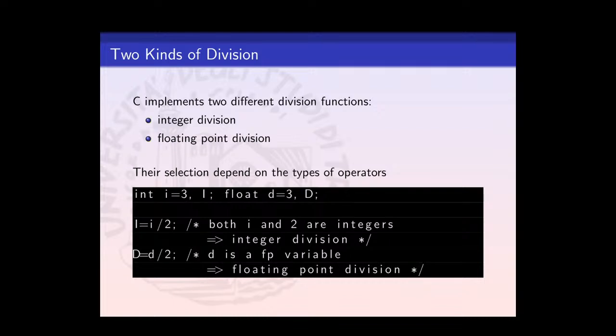Now, how can you understand if you are doing a floating point division or an integer division? Well, of course, if you are dealing with integers and you try to divide 5 by 2, for instance, you end up with 2. And if you multiply back 2 by 2, you end up with 4, which is different from 5. Of course, this is not an arithmetic operation.